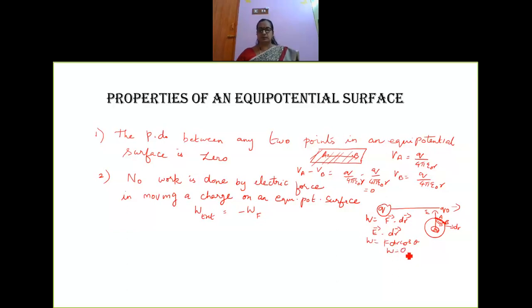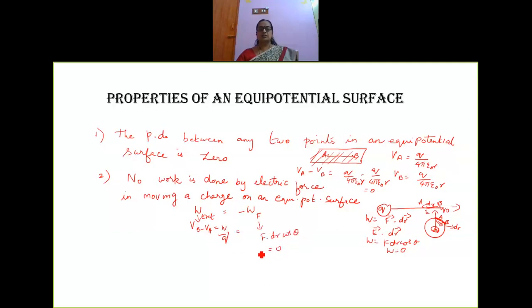be 0. And this work done is equal to the external work done by the body to move between 2 points. That is, if I move the point from B to A, which is at a distance of dx, work done is nothing but, we saw, it is potential. So VB minus VA is equal to W by Q. As far as this is concerned, it is F dot dr cos theta.